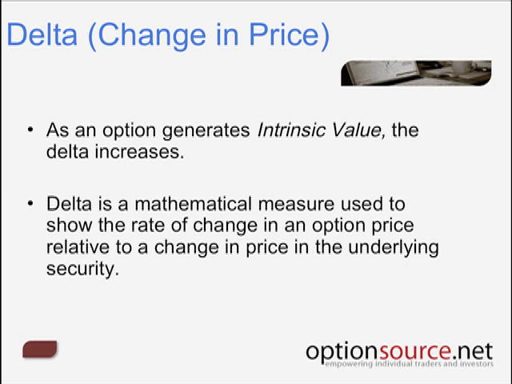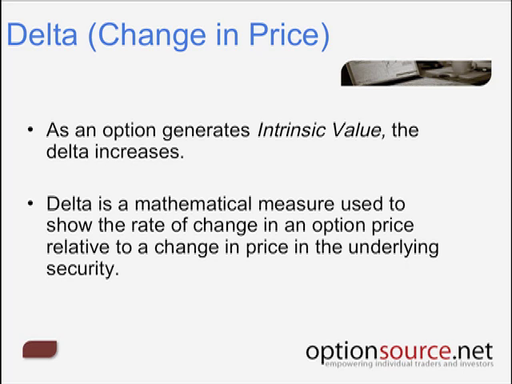So an important consideration here with respect to these in-the-money option contracts, or in fact the categorization of any of these options and its relationship to the underlying security, has to do with the option's delta.